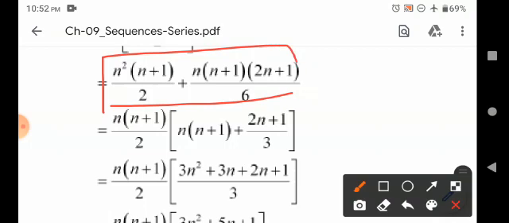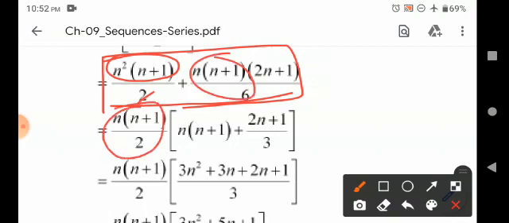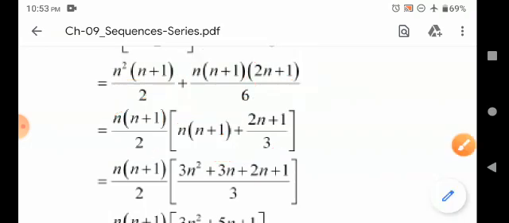By taking the common from these two fractions, we take the common n into n plus 1 divided by 2 outside from these two fractions, and here we are left with n into n plus 1 plus 2n plus 1 divided by 3. By taking the LCM for these two fractions, we get 3n square plus 3n plus 2n plus 1 divided by 3. And this is the common factor outside as it is.